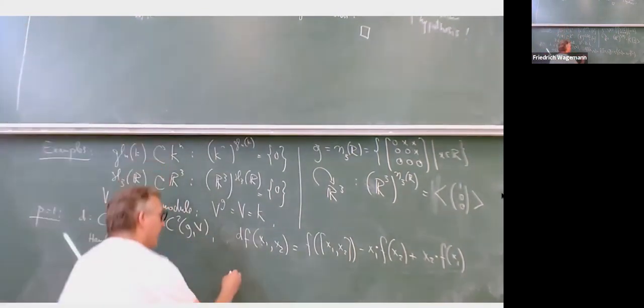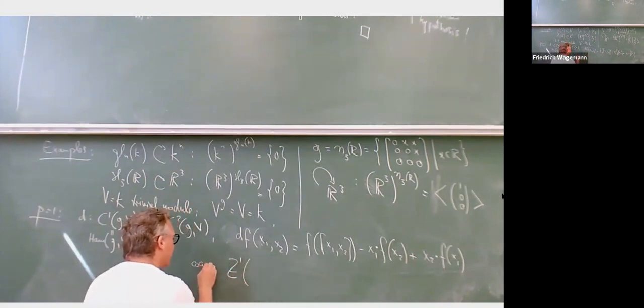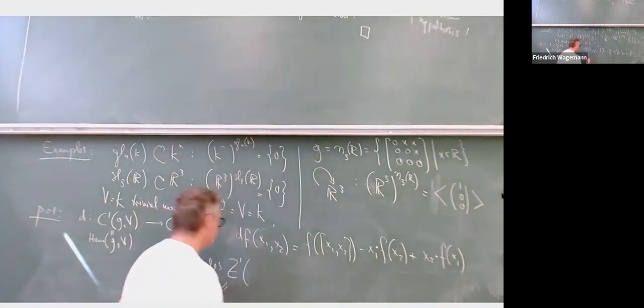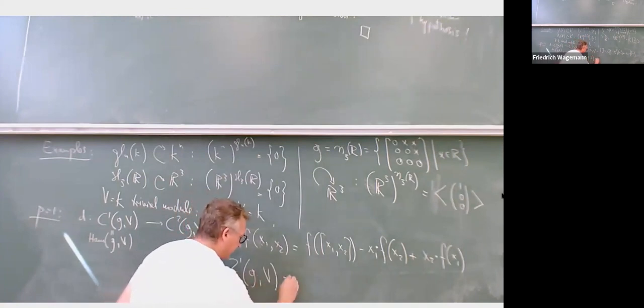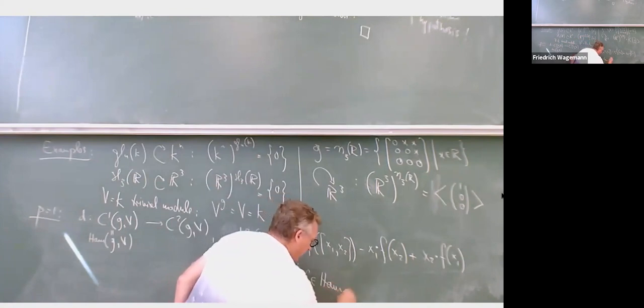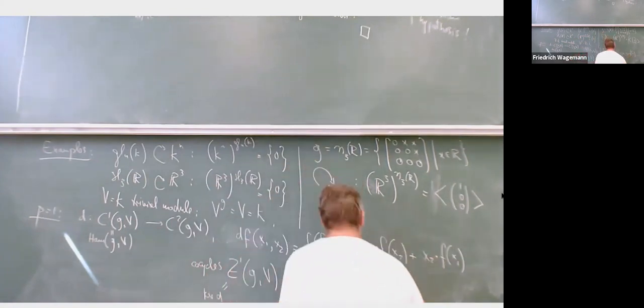And so the cocycles, this is the kernel of d, are here just the f in Hom(g, V) such that this identity is true.